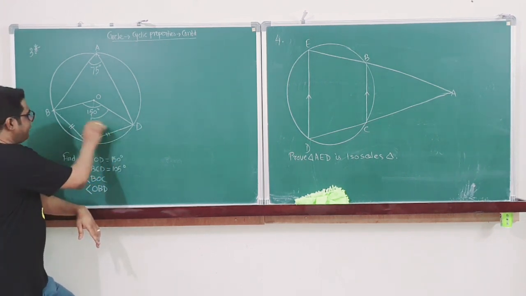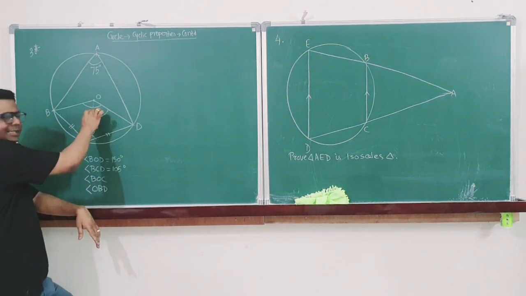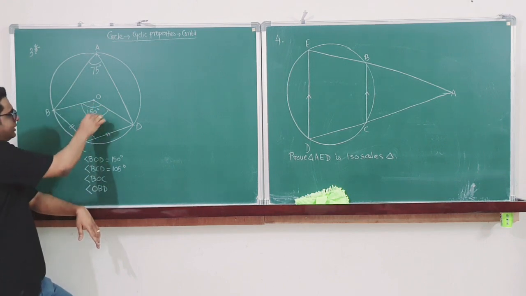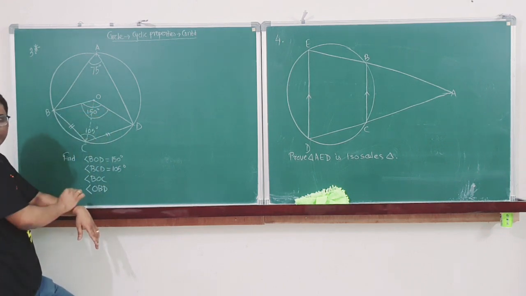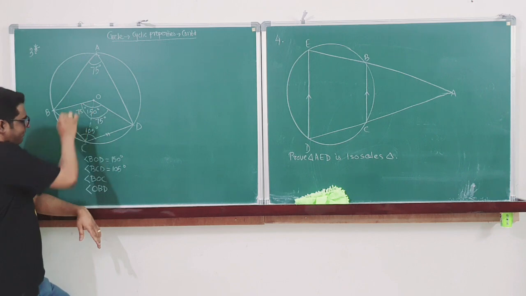If this is 5 centimeter, this is also 5 centimeter. So if this subtends x, then this is also subtending x over here. So these two angles are equal. So if this total is 150 degree, this will be 75 degree and this will also be definitely 75 degree.